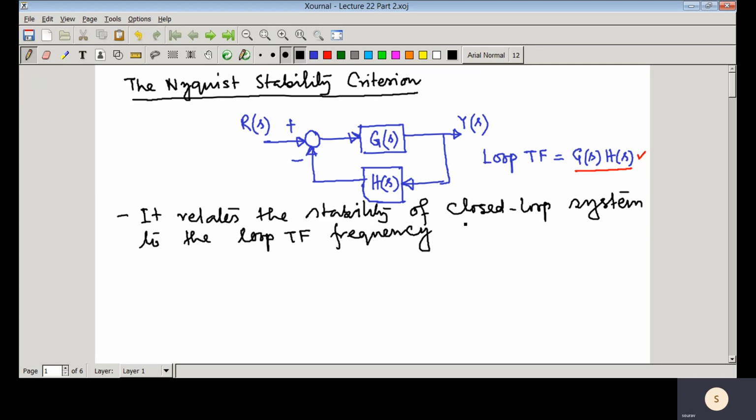So this particular concept is very important. We have already discussed what frequency response is in the last 2 or 3 lectures.